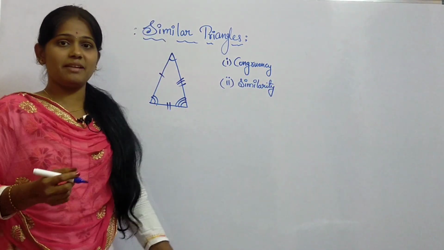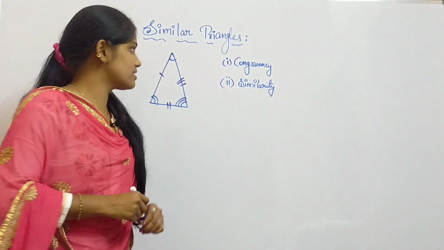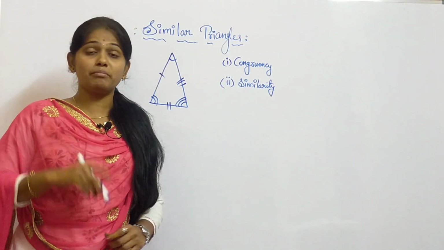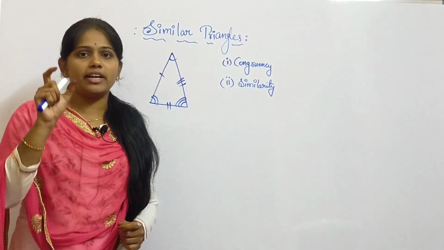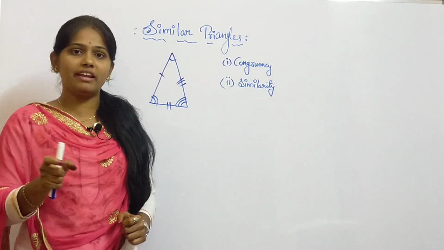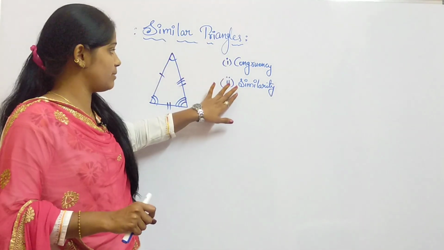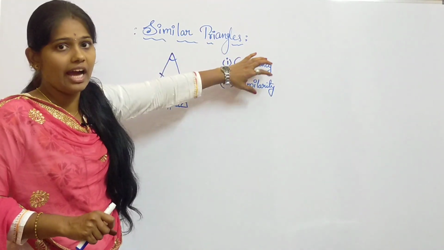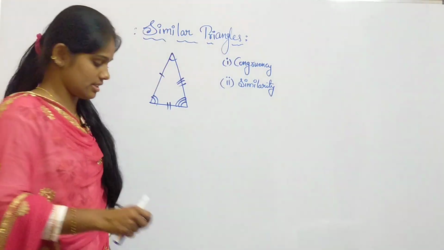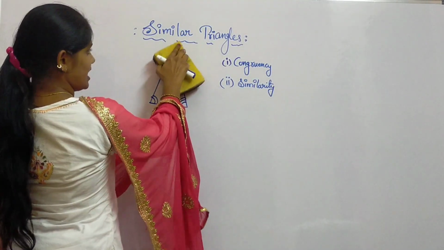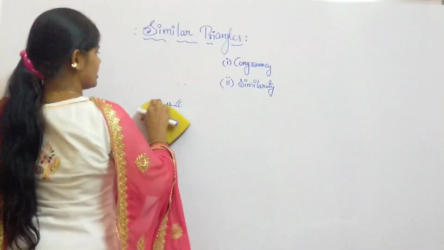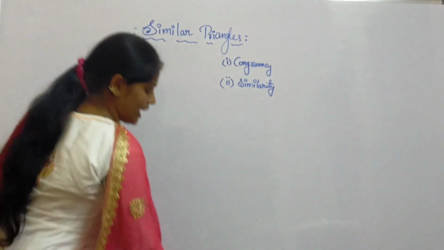Guys, in the previous example we already took what congruent figures and similar figures are, right? But here property-wise we are taking congruency and similarity and how they are related to triangles. Okay. So for understanding the concept of congruency, let us consider two triangles.